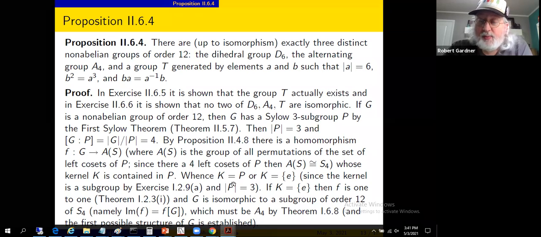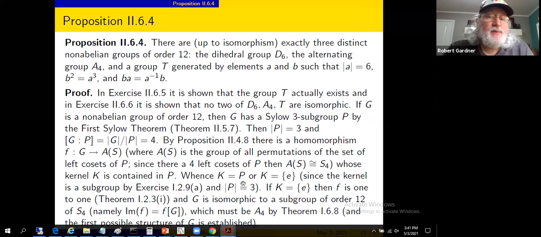The kernel of that homomorphism was either P or the identity. In the case that K equals the identity only, A4. We're going to show in the next several slides that if the kernel of that homomorphism is all of group P, then group G must be either the dihedral group or this group T. So that's the plan for the rest of it.